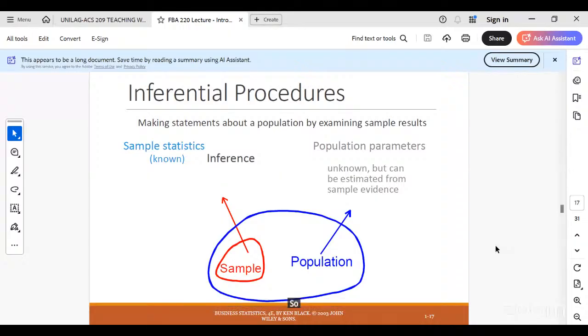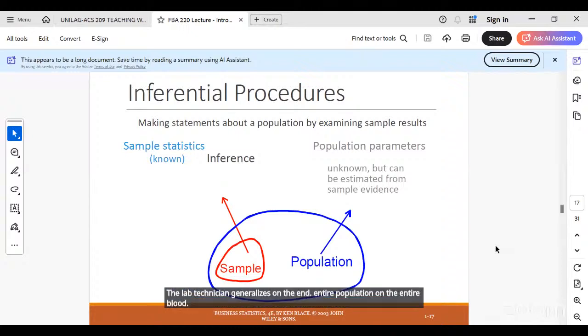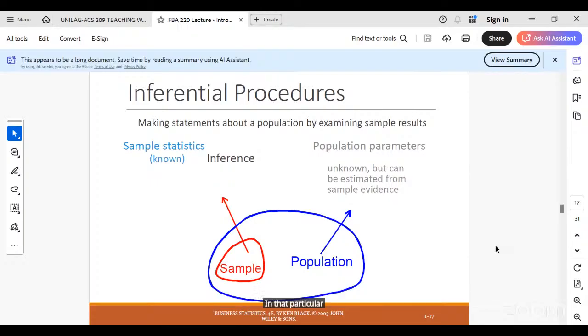So the lab technician wouldn't say it is the hand from where the blood was taken that is malaria positive. No, the lab technician will generalize. From that drop of blood taken from the finger, the lab technician generalizes on the entire population, on the entire blood in that particular patient.